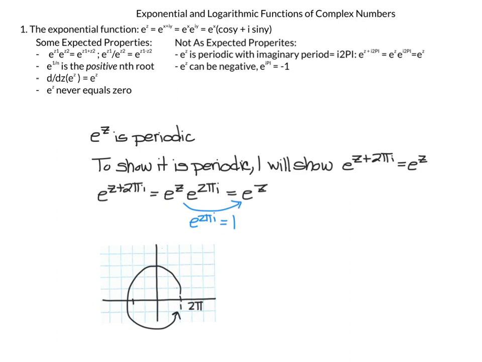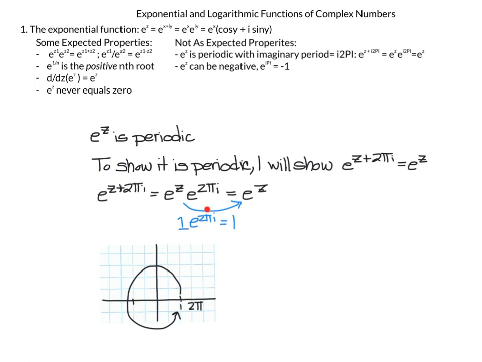And just to review how we find that e to the 2 pi i equals 1, and then we'll also do e to the pi i is equal to negative 1. I know it's been introduced already, but because some of these videos are done out of order, I'm not sure how much it's been emphasized, so I'll just review this. Here we have an r, a radius of 1. So we're out here at radius 1.